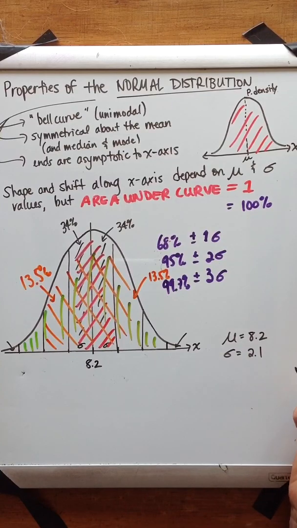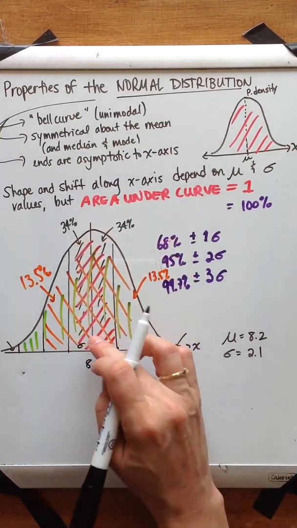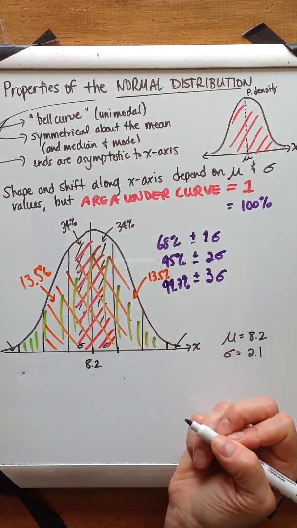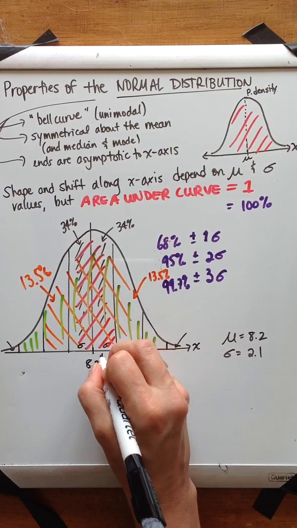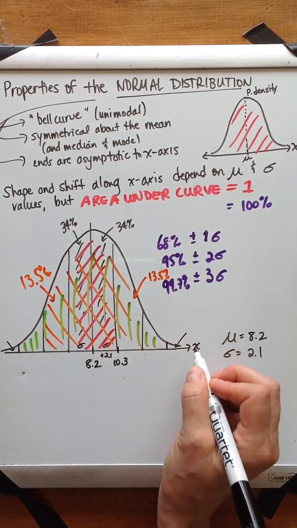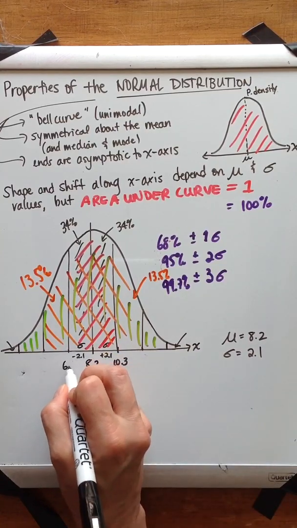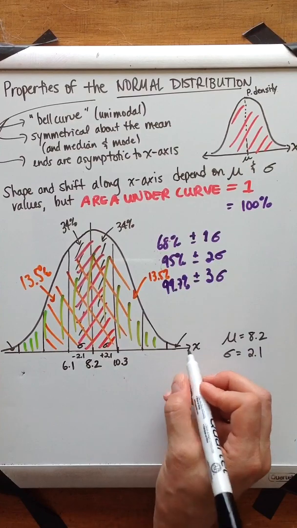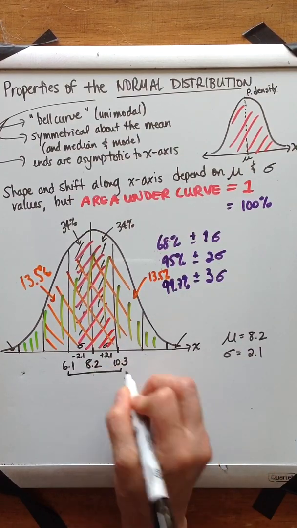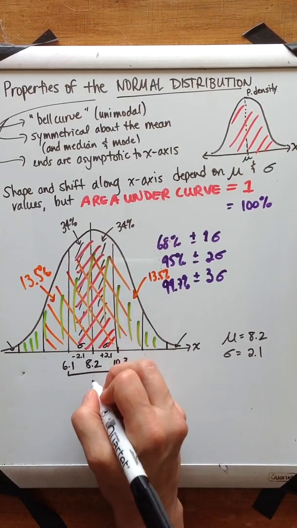Okay? That would mean that 68% of the data, or this red area, is within this range. Can we figure out what this range is? Well, sure. I can add 2.1 up here to get to 10.3, and I could also subtract 2.1 here to get down to 6.1. So between the random variable values of 6.1 to 10.3, I would have 68% of the data.